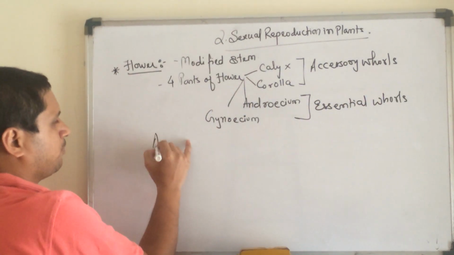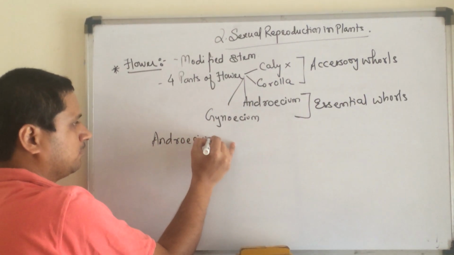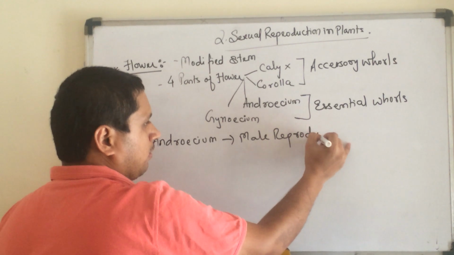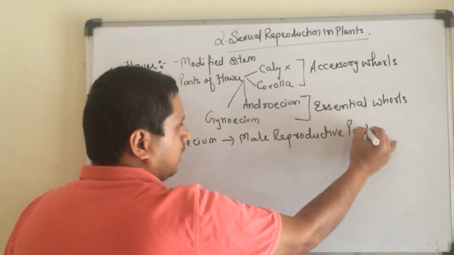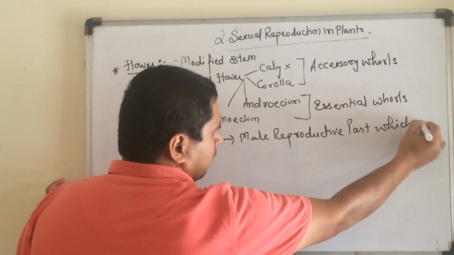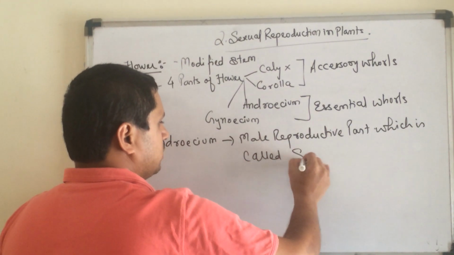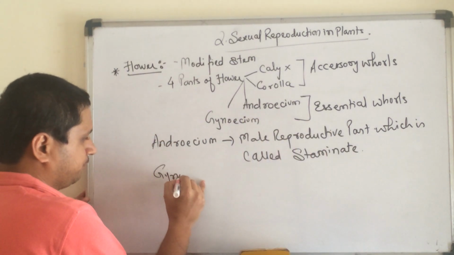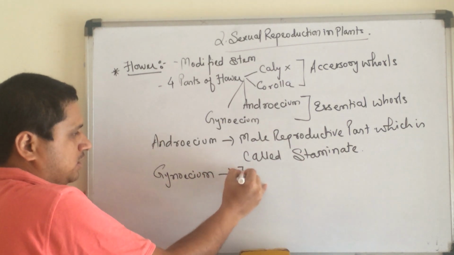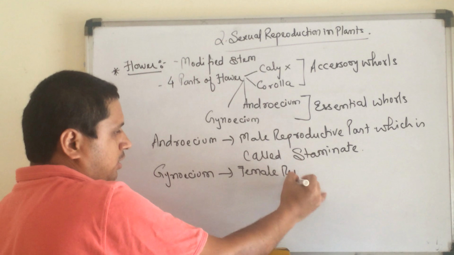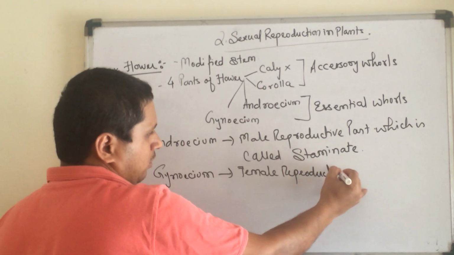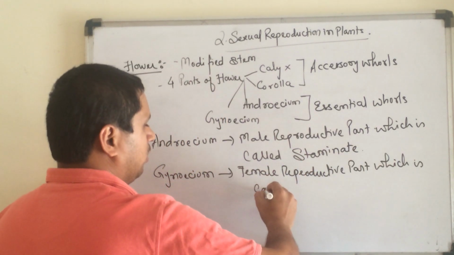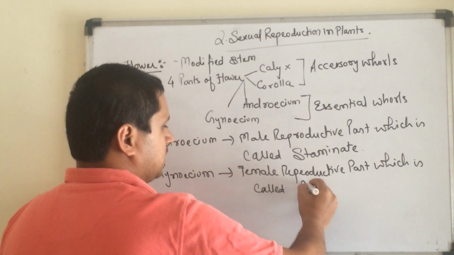Now the androecium is the male reproductive part, which is called staminate, whereas the gynoecium is the female reproductive part, which is called pistillate.